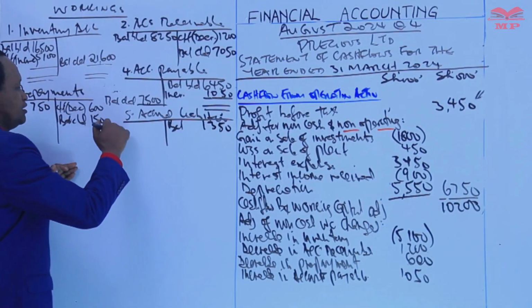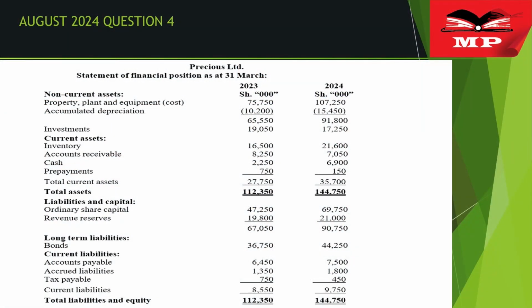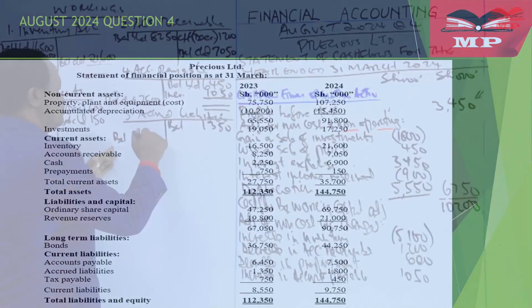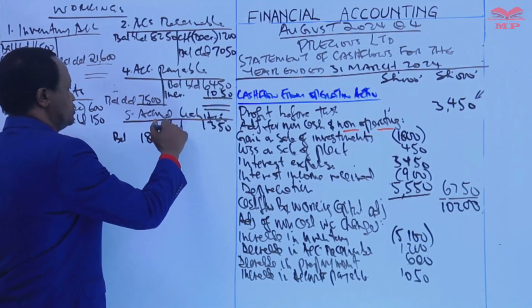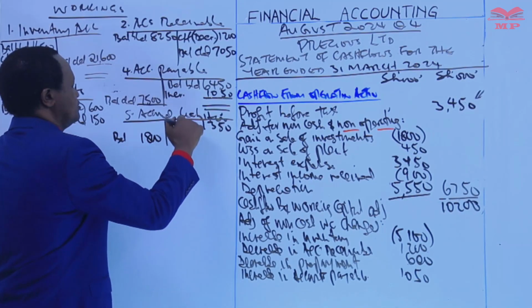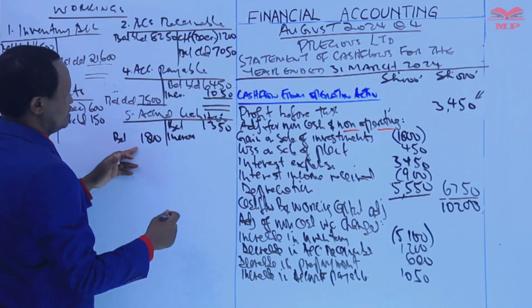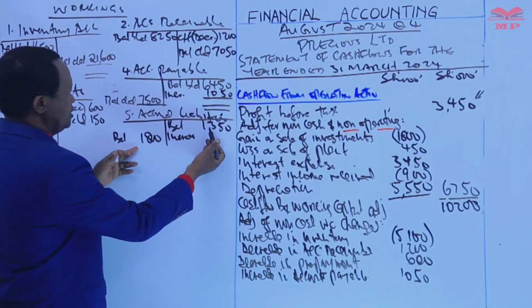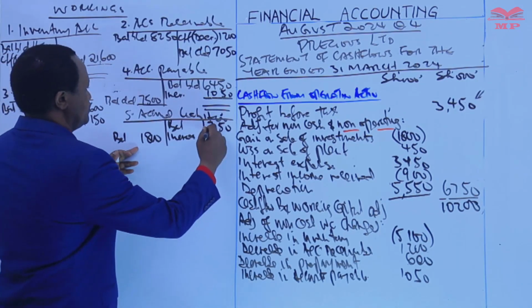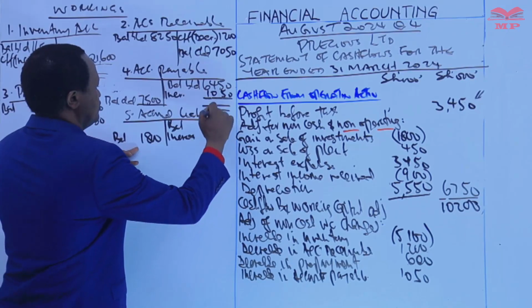At the end, what is the balance at the end? The balance at the end, accrued liabilities $1,800. This is an increase. How much? This should be 550. Is it 550?